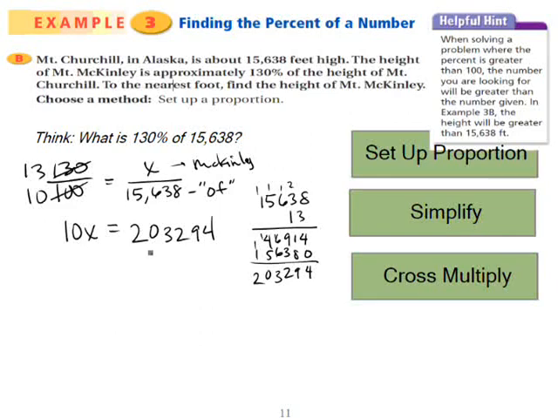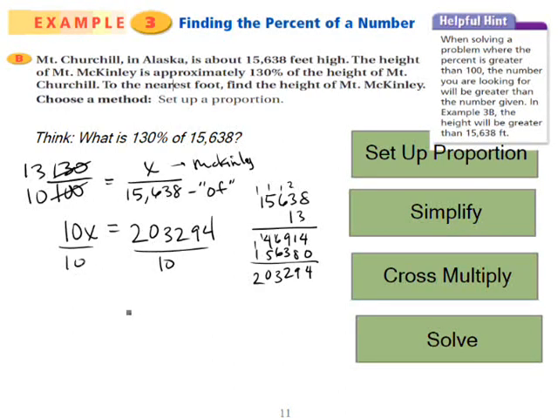So that is 203294. And then to solve the equation from the cross products, divide both sides by 10 to find out what x equals.